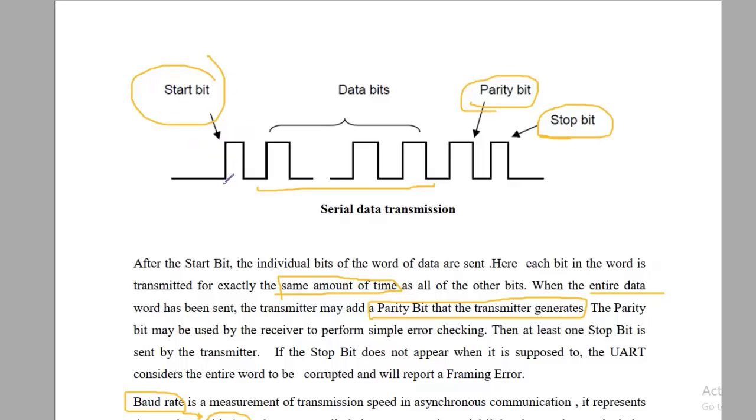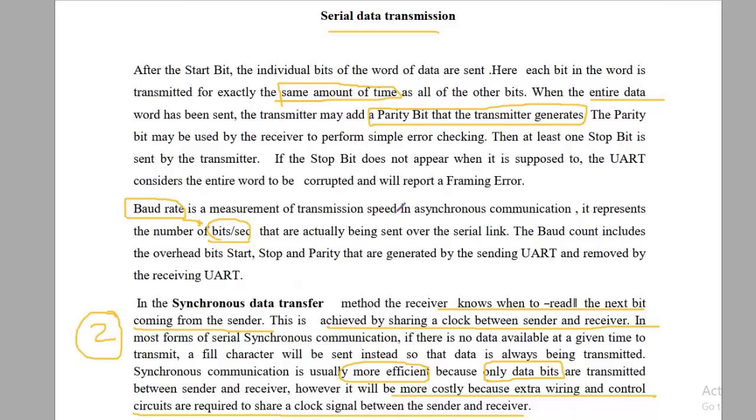It is saying to the receiver that we are about to send some data. After that we are having data bits, and then we are having the parity bit to check any kind of error, and then finally we are sending the stop bit to say that we are stopping the data transmission.